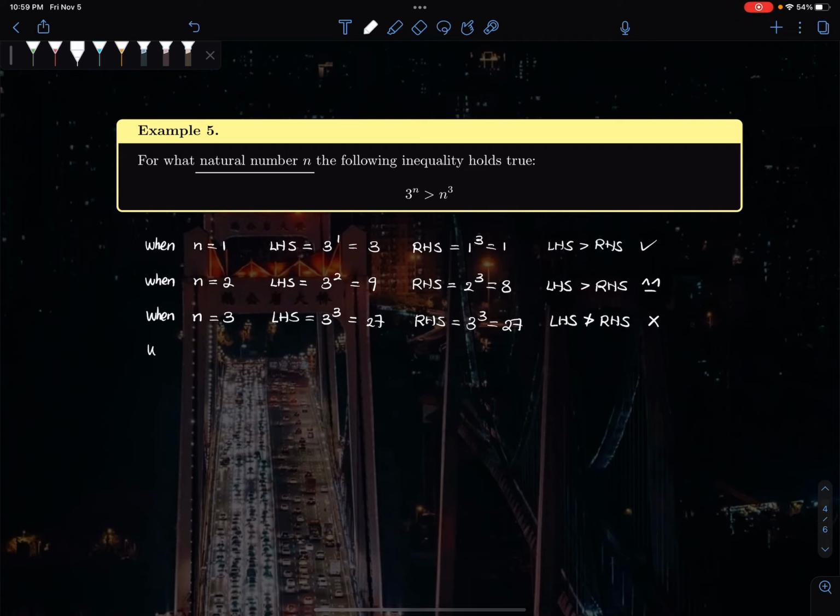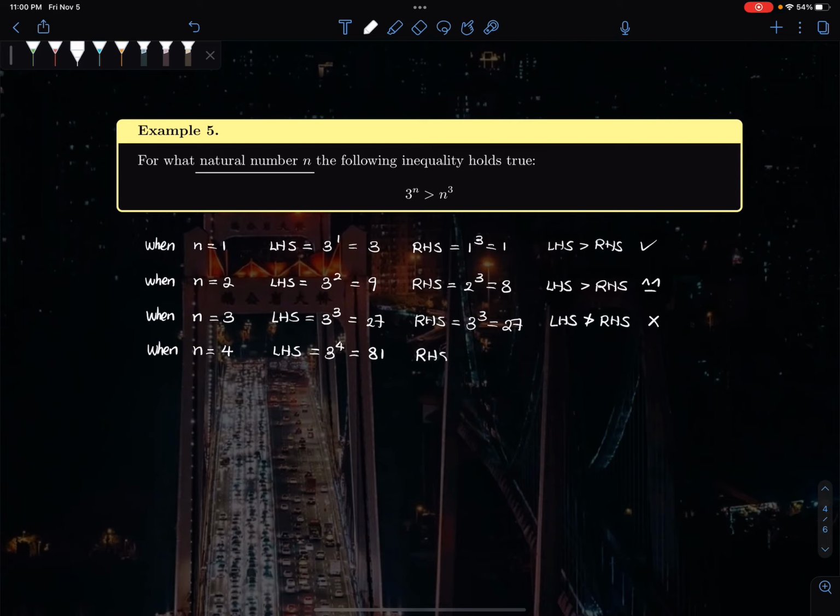What about 4? Left hand side is 3 to the power of 4, so 3 times 27, that's 81.